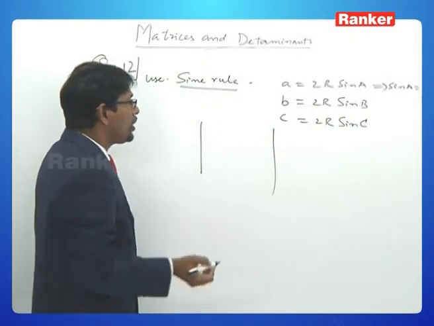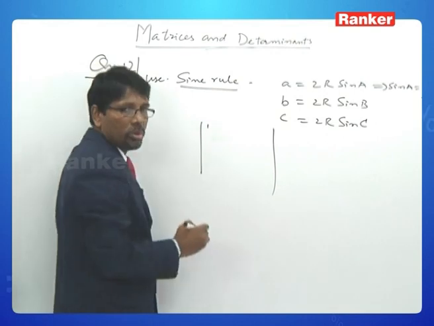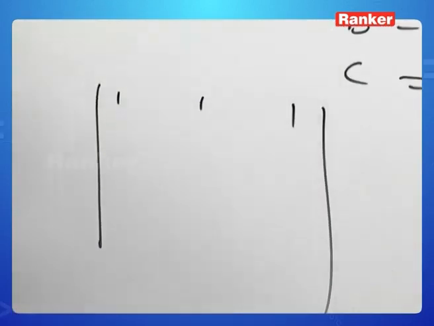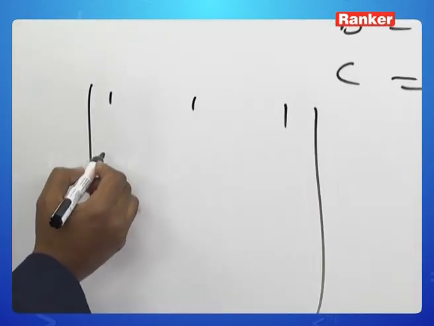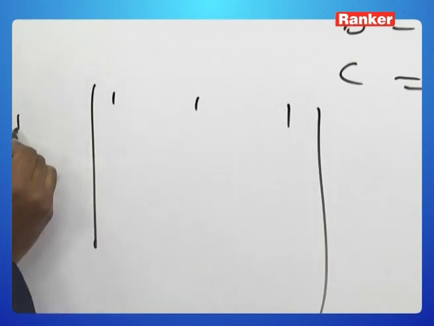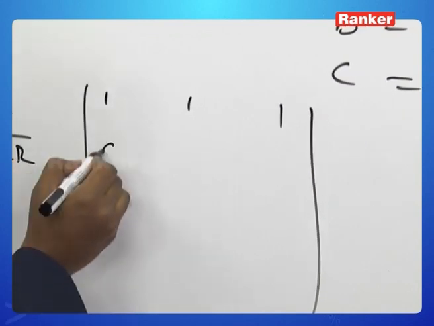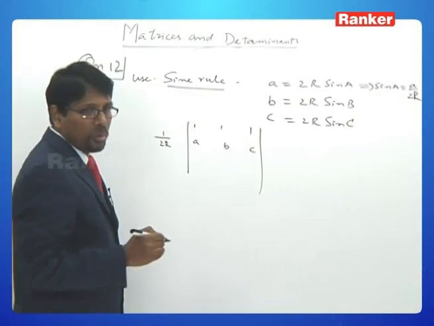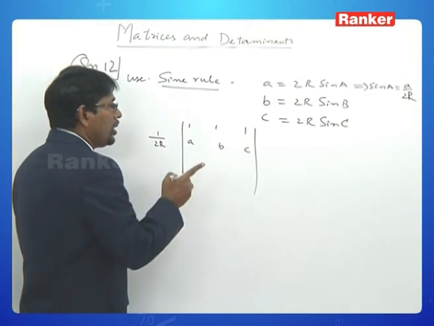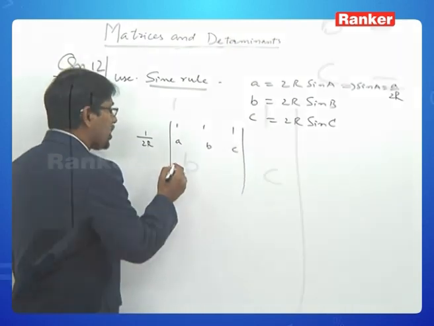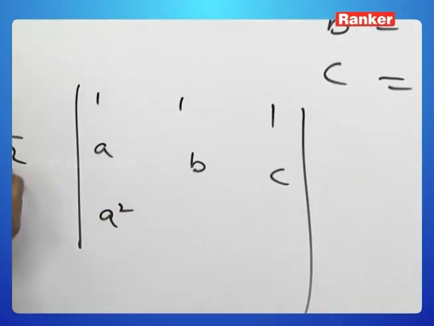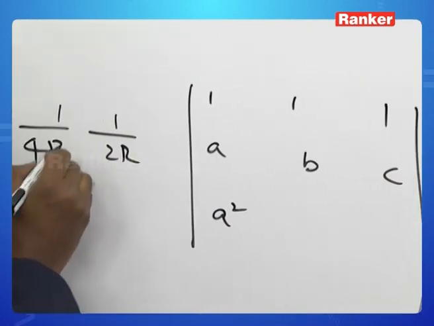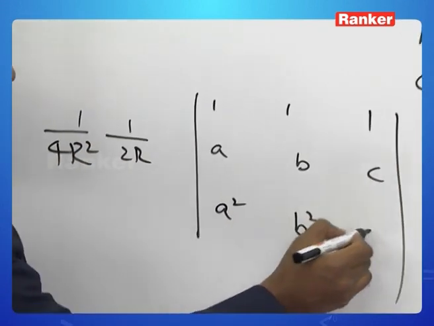Okay, so we will do that in the entire row. Row 1 is of course not changed, 1 1 1. Second row we have a by 2R. Can I take out 1 by 2R common here, and we have a, b, c. Third row has a square by 4R square, b square by 4R square, so we will take out 1 by 4R square common, and we will have a square, b square, c square.